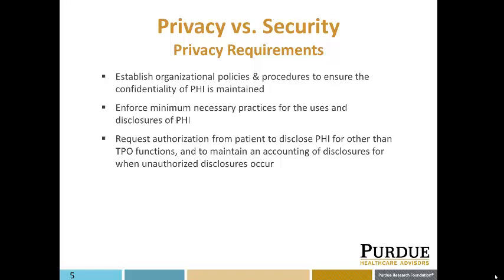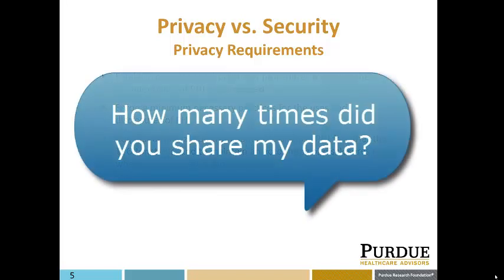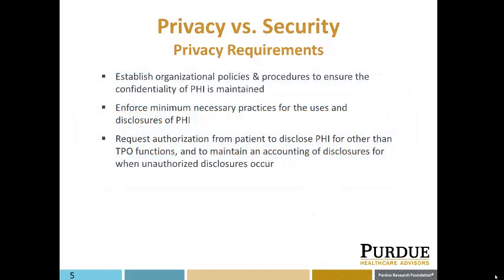So that if a patient were to ask, how many times did you share my data that I didn't authorize, we have to give them a report. And you have to be able to do that within a 6-year window, as far back as 2003. As of right now, it would be the 2008-9 timeframe.